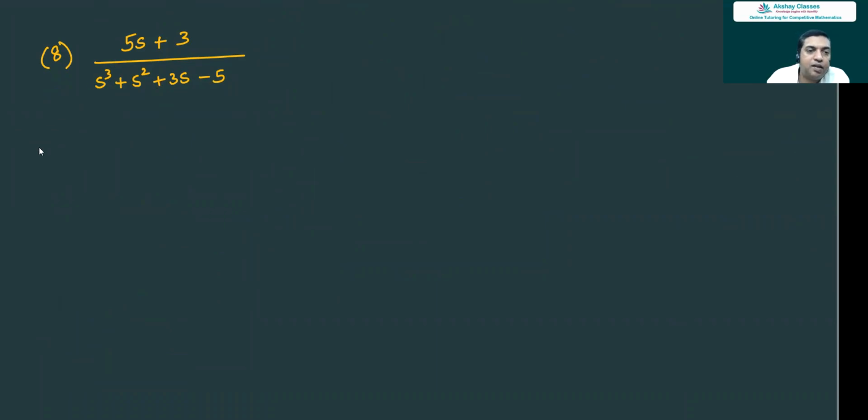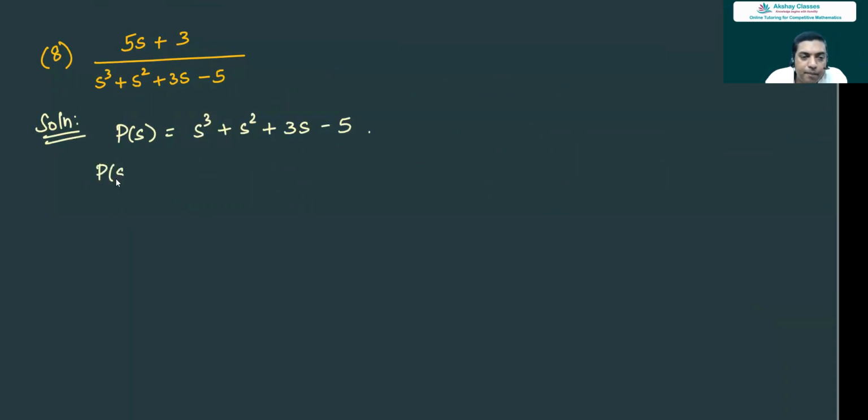So first thing is we need to check some p of s. The denominator is a polynomial. So we need to check what is the root. Now you put s equal to 1. So p of 1 is 1 cube plus 1 square plus 3 into 1 minus 5, which is 0.